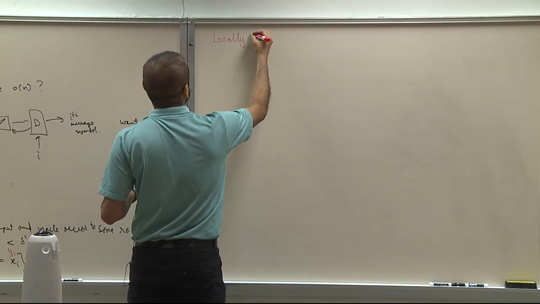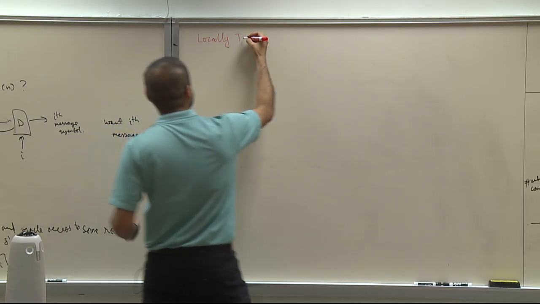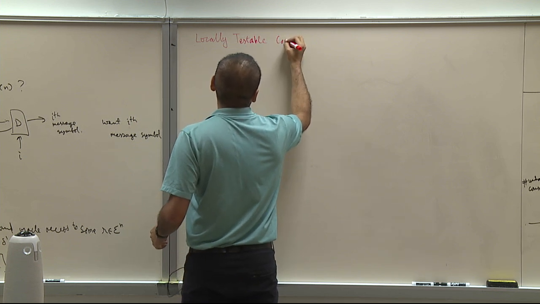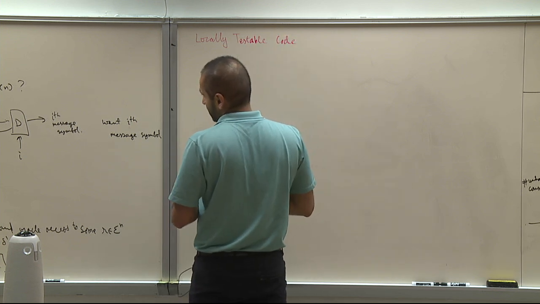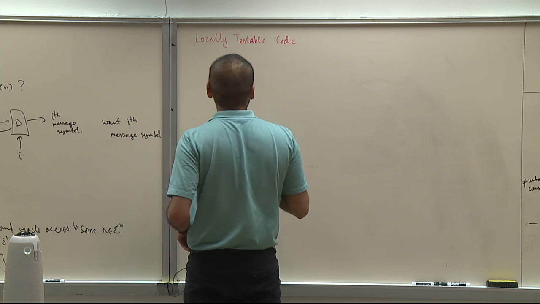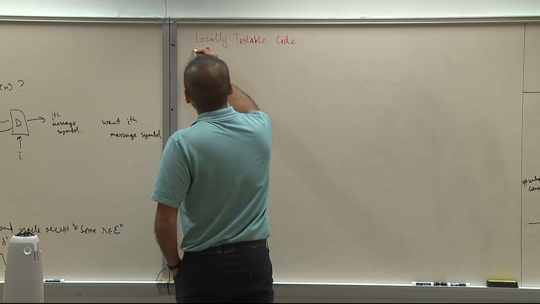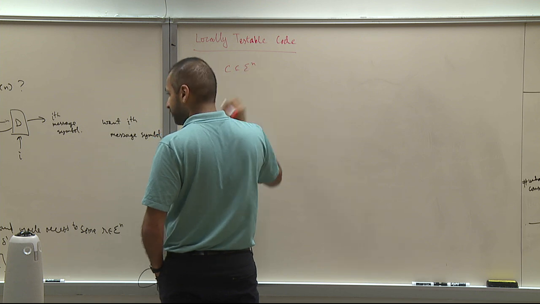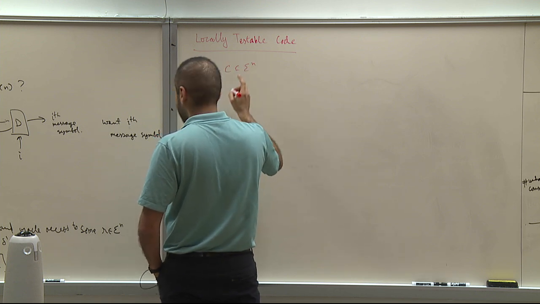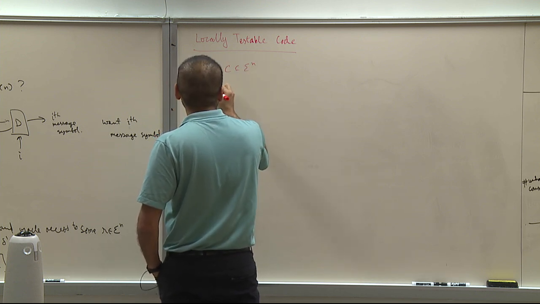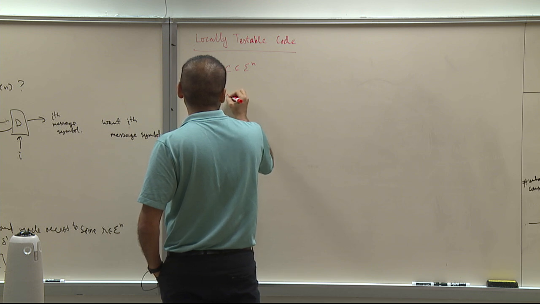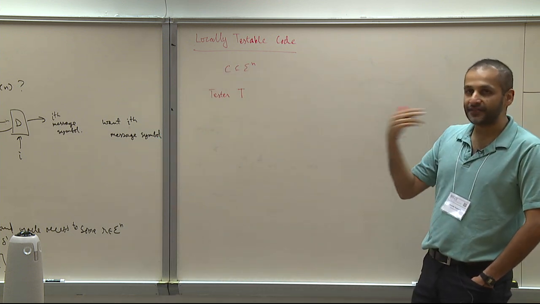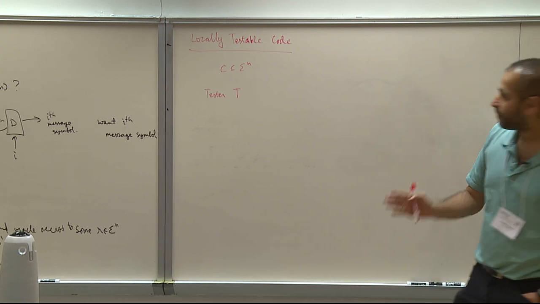You will hear us talk about some amazing locally testable code solving some old open problem by Lee J tomorrow. A locally testable code is a code in sigma to the n. We don't have an encoding map, and it has a tester T that's going to detect whether a given string is close to the code or not.